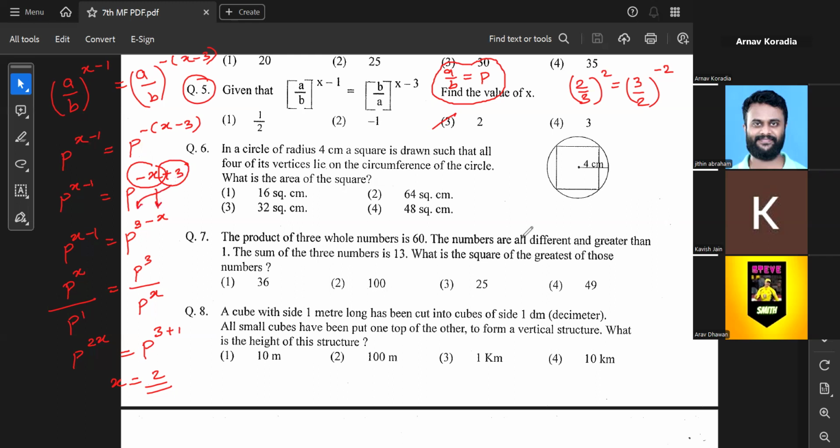I basically exchanged. 2 plus 3 you can write as 3 plus 2. Similarly, 2 minus 3 can be written as minus 3 plus 2. Same logic. Okay, 3 minus x is equal to minus x plus 3.